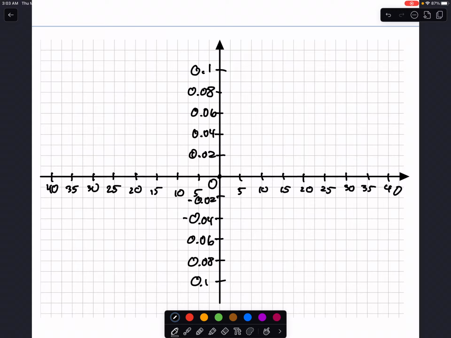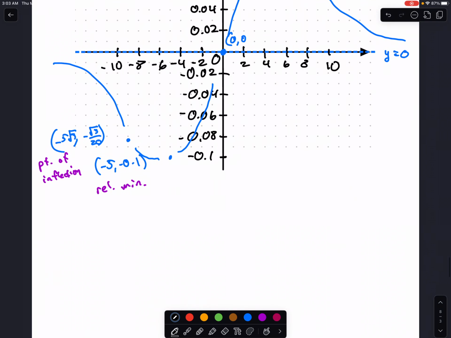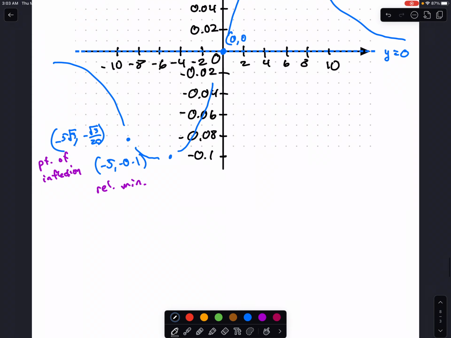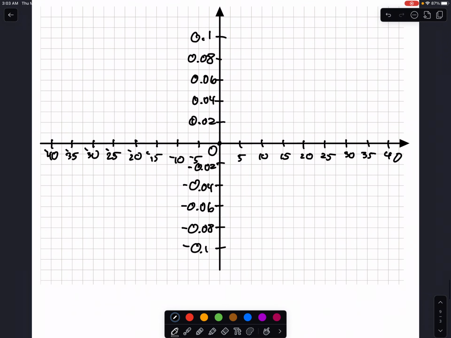These guys are negative. Okay. That was like a negative 9, negative 0.085.